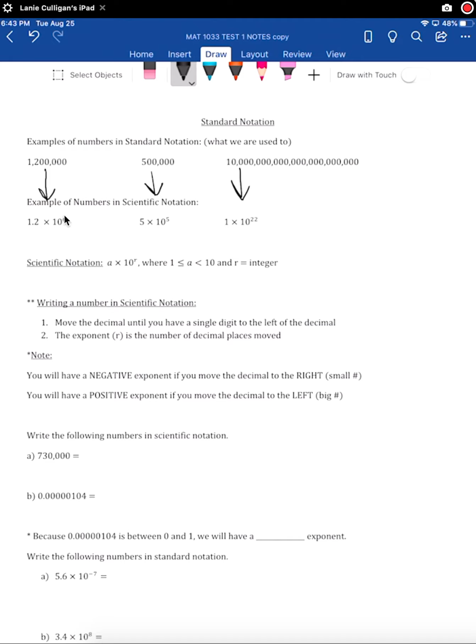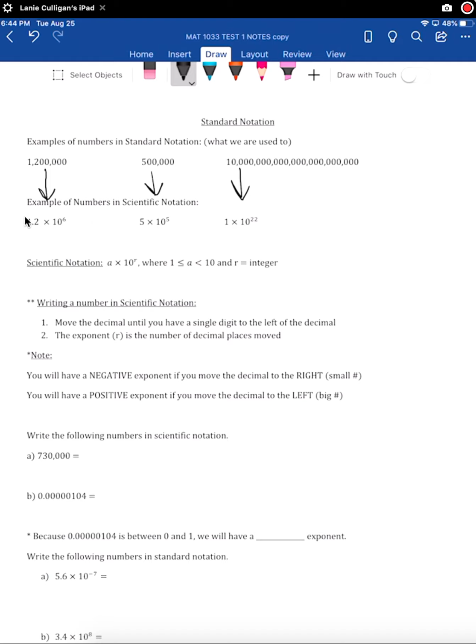That 10 to some power tells us we're going to move the decimal that exponent amount. In this case, I have 1.2 times 10 to the 6th power, so I'm going to move the decimal 6 times. Then we have 5 times 10 to the 5th power, so I'm going to move that decimal 5 times. 1 times 10 to the 22nd power, I'm going to move that decimal 22 times. And we're going to get these same exact numbers in standard notation.